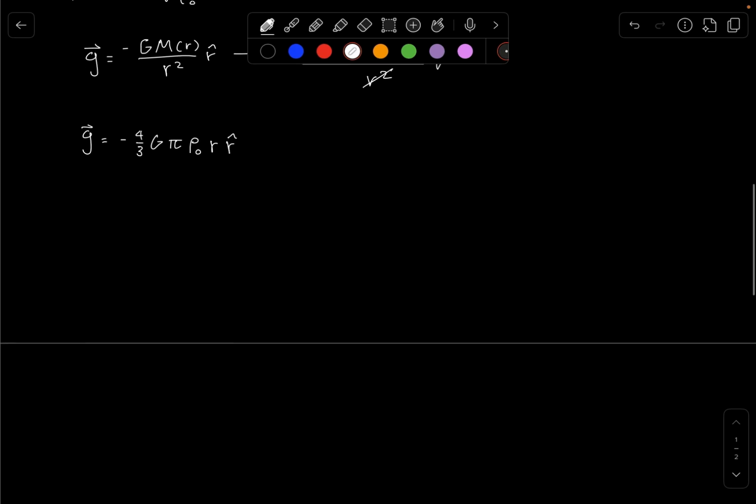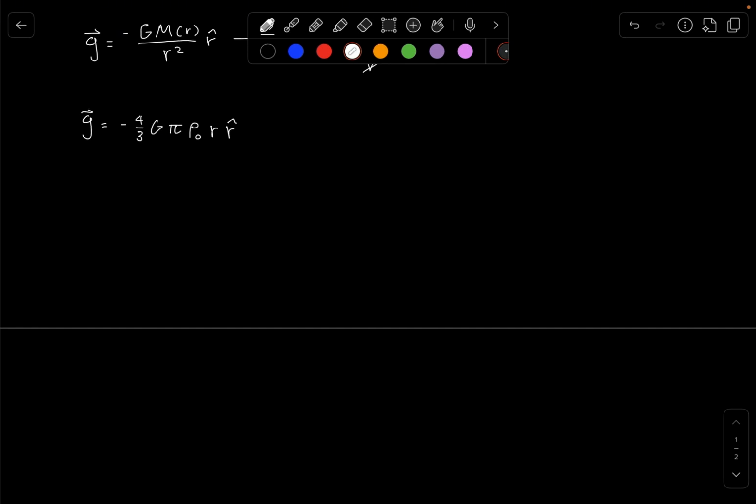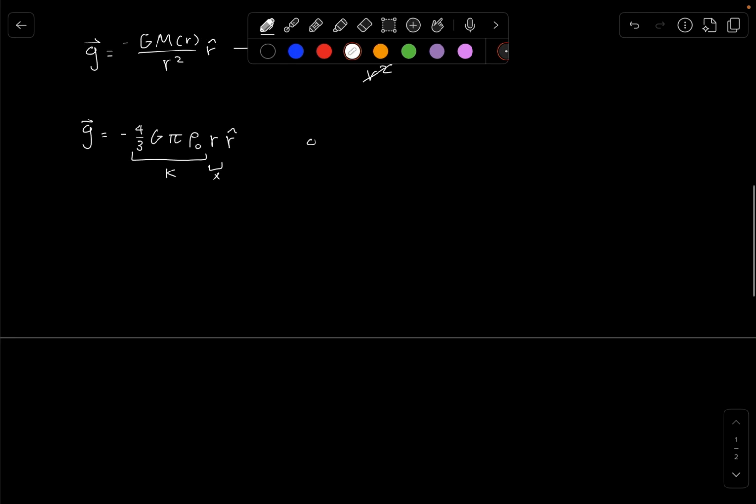And the cool thing to notice here is that we actually have simple harmonic motion. This is a homework assignment I have later this week, I have to derive this. And you see here that this right here is k, and this is x. So g is equal to negative kx, which is pretty cool.